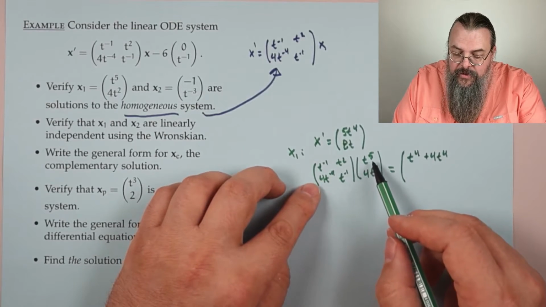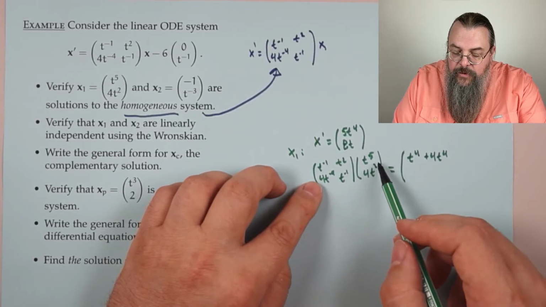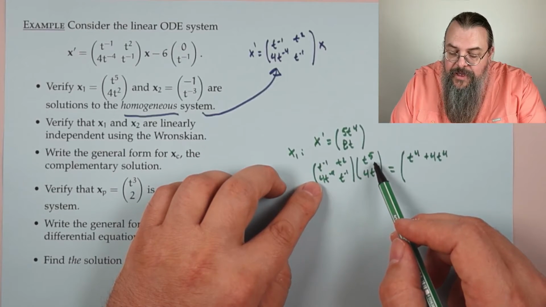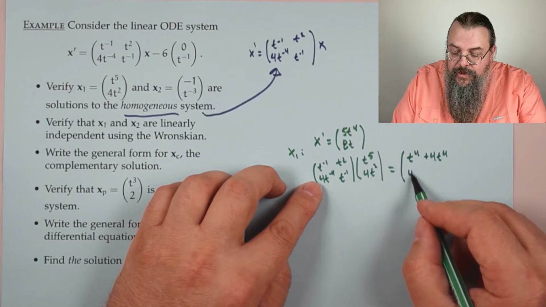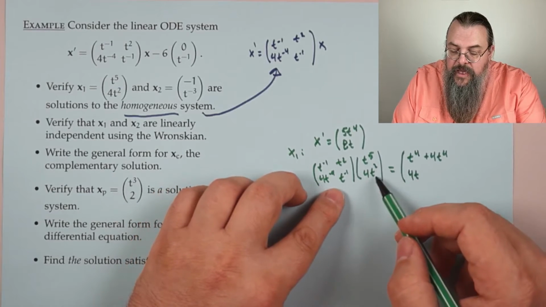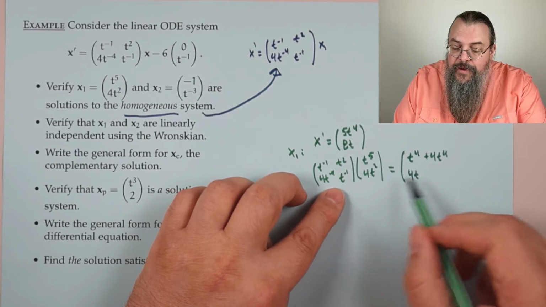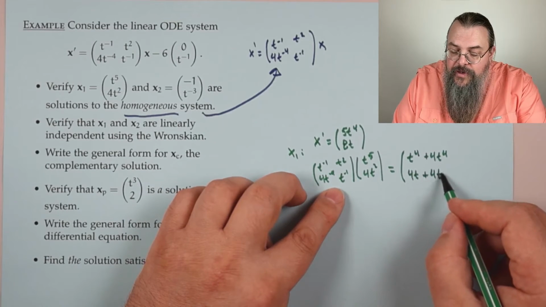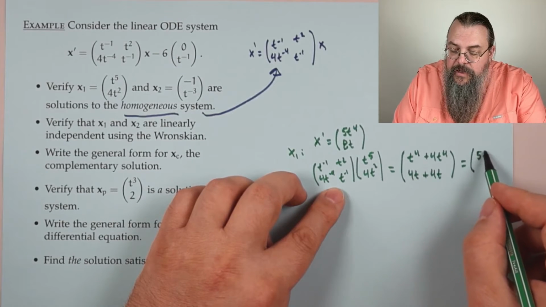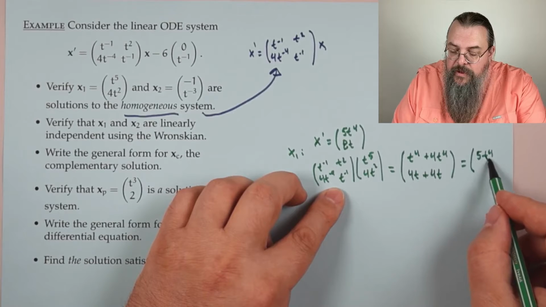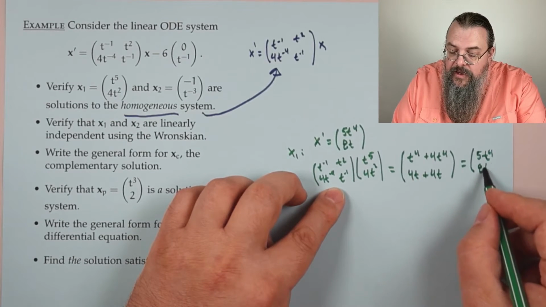All right, going to the second row, and then down the column. 4t to the minus 4 times t to the 5th gives us 4t. T to the minus 1 times 4t squared gives us another 4t. Well, we add those together, and we'll get 5t to the 4th in the first entry, and 8t in the second entry.